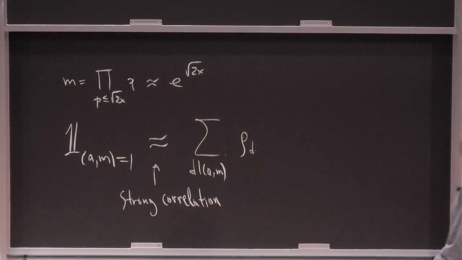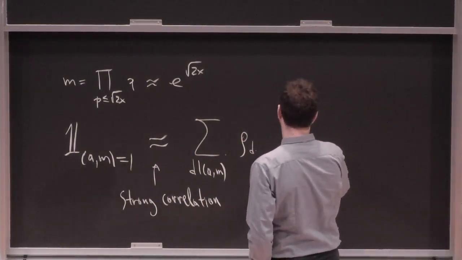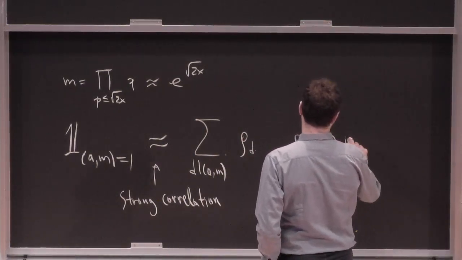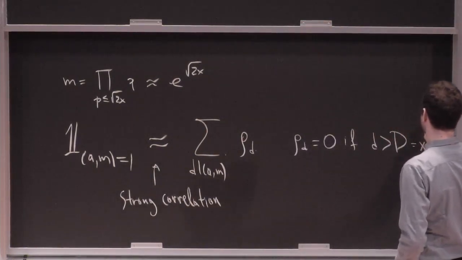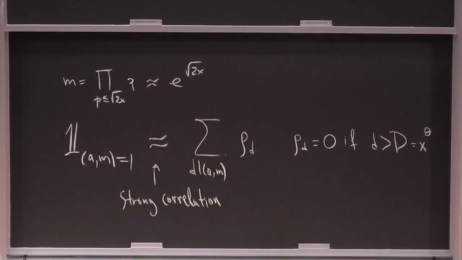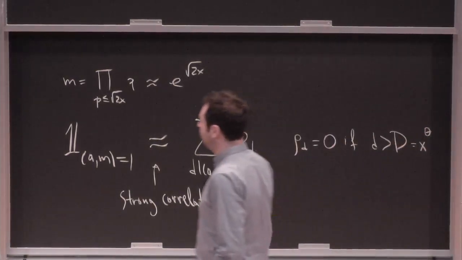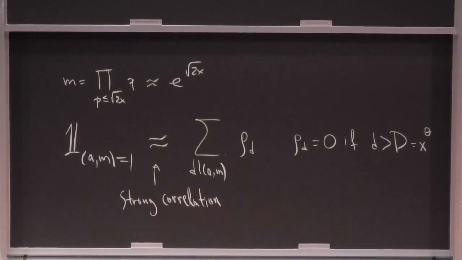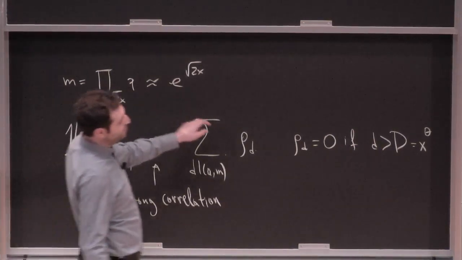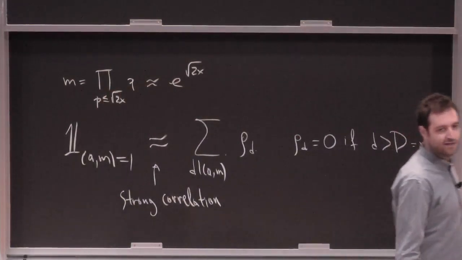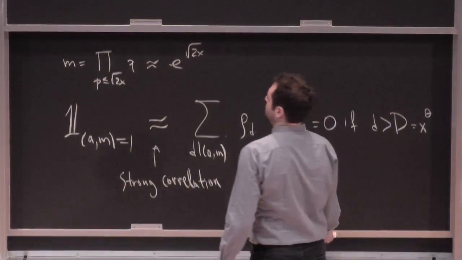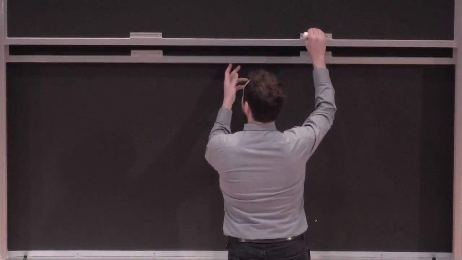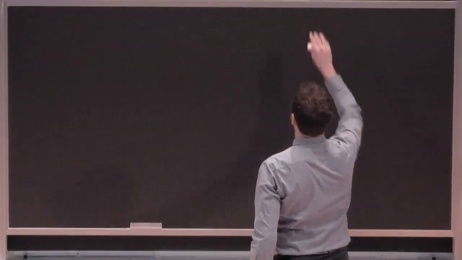And moreover, one should have that R_d is 0 if d is greater than some parameter D, which typically one wants to take to be some power of x. And so we want to go from e to the root 2x to x to the little power. And the miracle of sieve methods is that this is actually possible. And nowadays we have many ways of doing this.